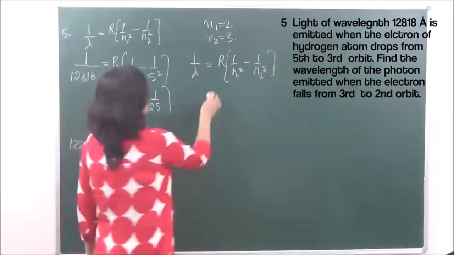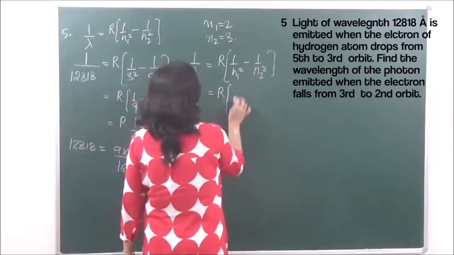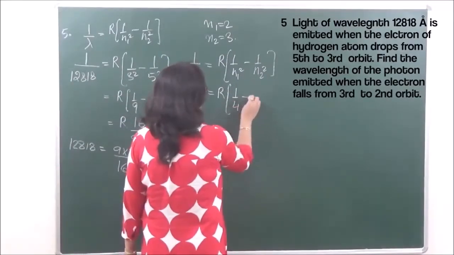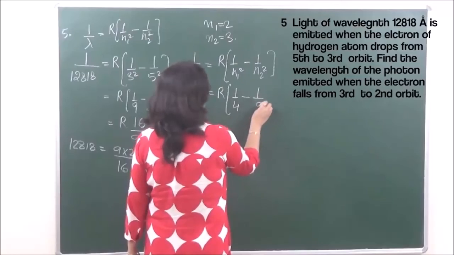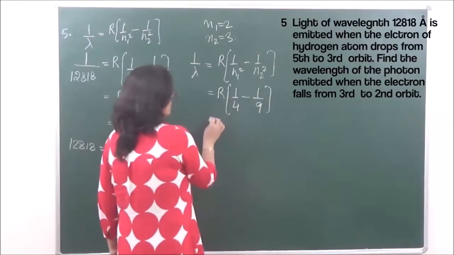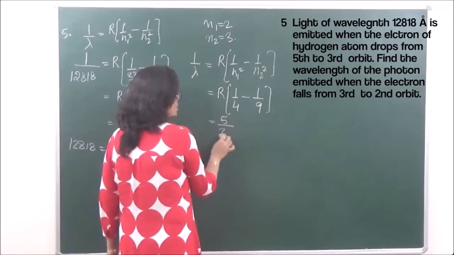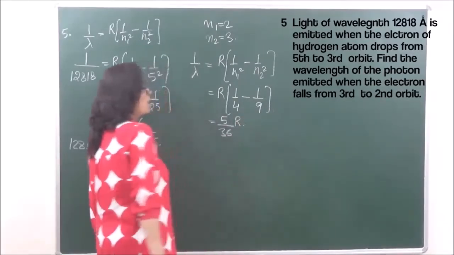So this will become equal to R into 1 upon 2 square, 2 2s are 4, minus 1 upon 9. So this will become equal to 5 upon 36 into R.